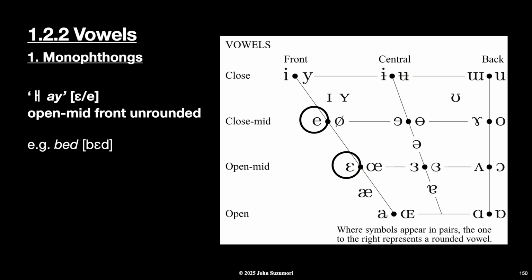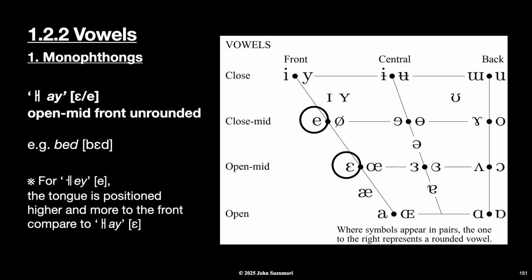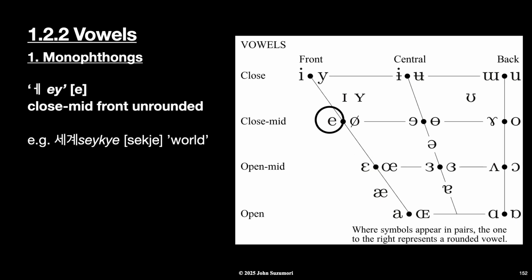ㅐ is an open-mid front unrounded vowel, which can be also found in an English word such as bed. Don't forget that in modern Korean, open-mid front unrounded and close-mid front unrounded are not distinguishable in colloquial speech. ㅔ is a close-mid front unrounded vowel, which can be found in a Korean word like 세계, meaning world.